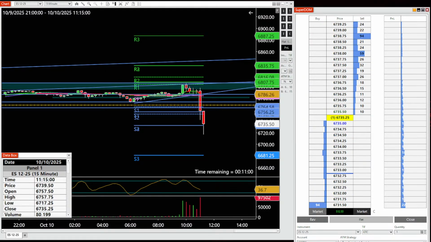The market is still dumping. 50-point dump right there. Is it still going?